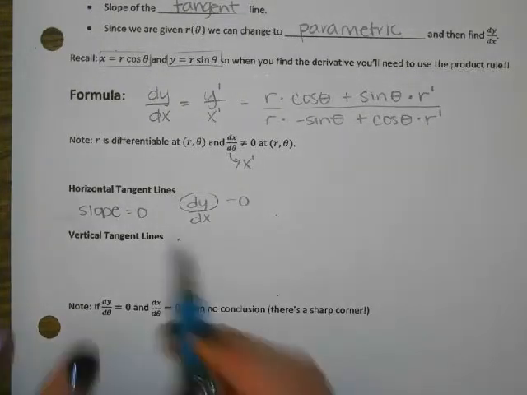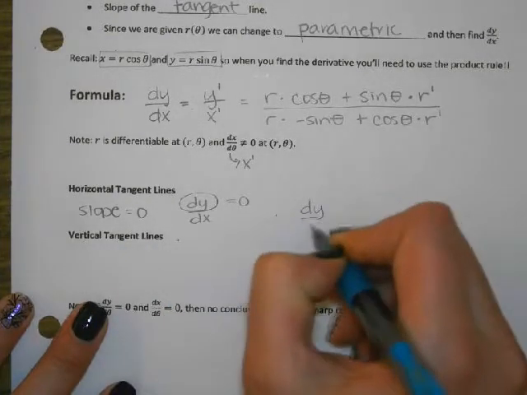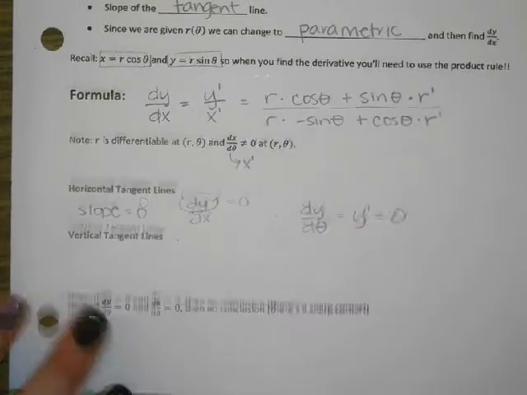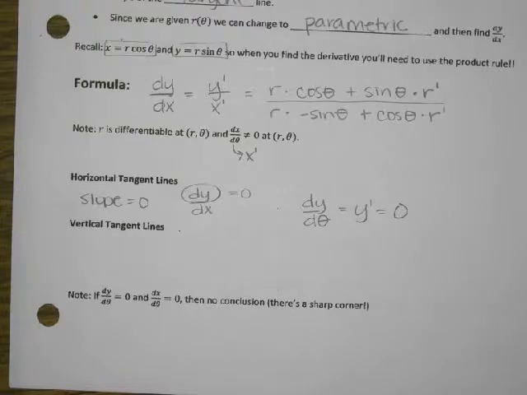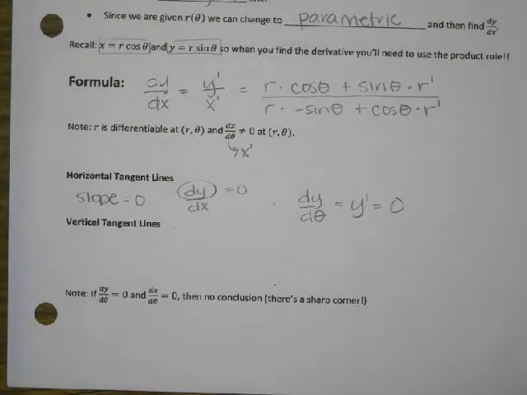And so we are going to find our horizontal tangent lines where dy d theta, this is just y prime, where y prime equals 0. So horizontal tangent lines happen where the derivative of the y equation is 0.